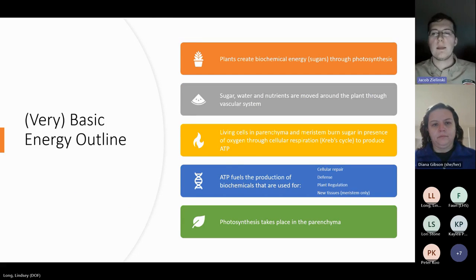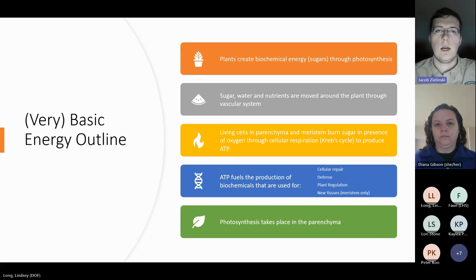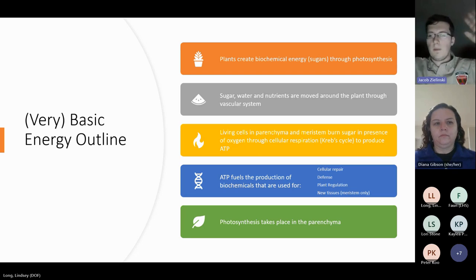So here's a really basic energy outline. Plants create sugars through photosynthesis. They produce basic glucose: they take in water, sunlight, and nutrients, and produce sugars. Those sugars, water, and nutrients are then moved through the plant in the vascular system, so xylem and phloem moving things.